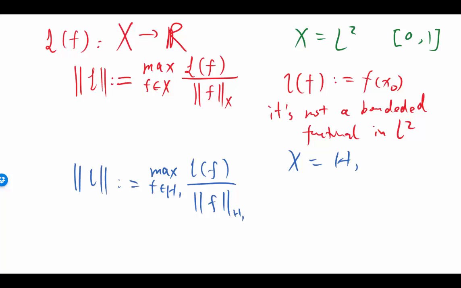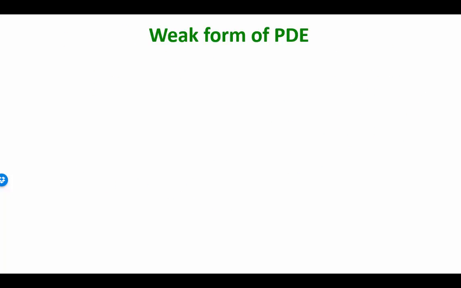So the whole construct of finite element and its analysis is built on top of these mathematical constructs. Okay. The weak form of the PDEs is based on these constructs. So to define the weak form, we first need to define a space.